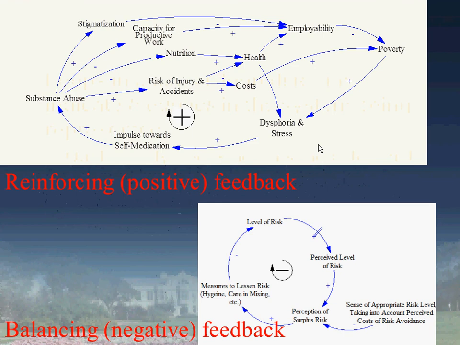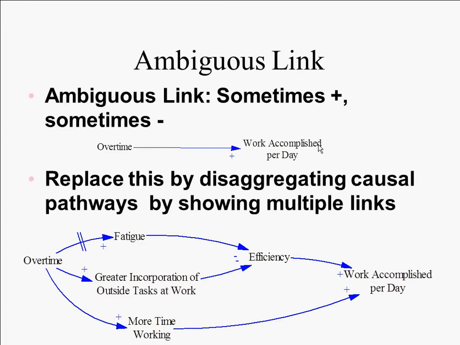Yeah, I did show an example earlier of an ambiguous case: if I increase overtime, does it increase or decrease the amount of work I get done per day? Well, it depends, and more importantly, how it depends over time depends on different pathways, or causal chains.